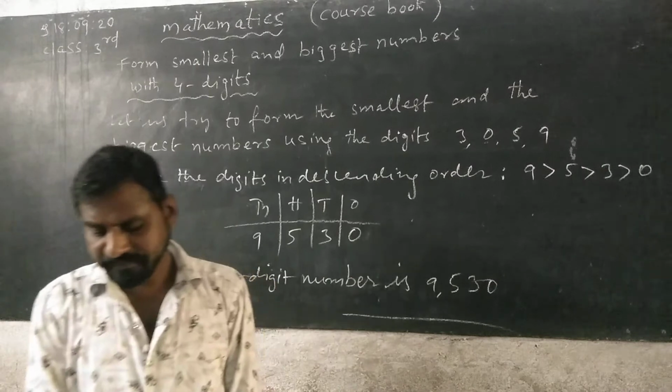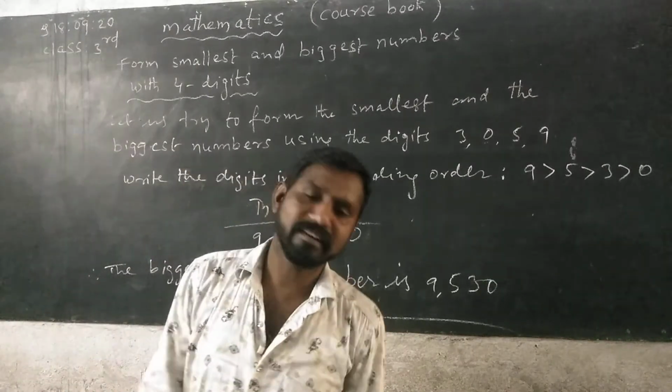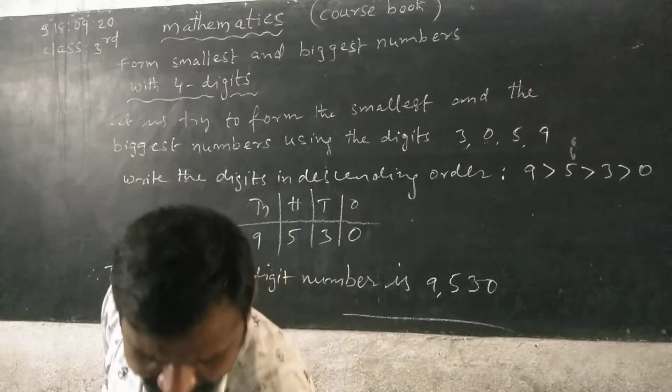Now next, even numbers and odd numbers. Already you know everybody.